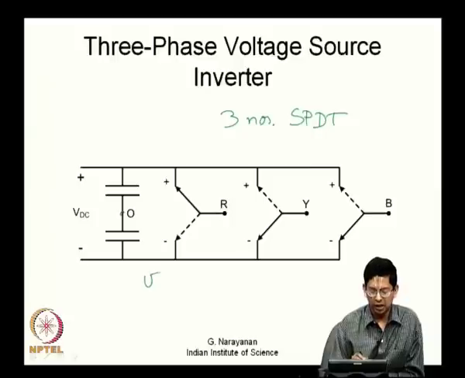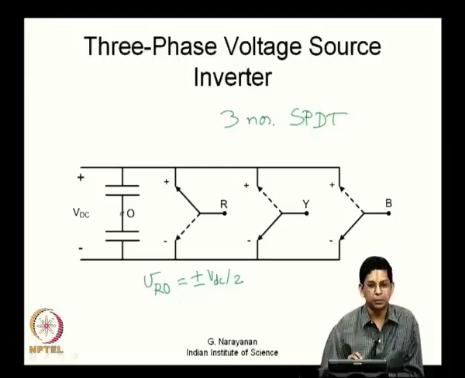So, we will say VRO, for example, which means the voltage at this pole R measured with respect to O. This can be either plus VDC by 2 or minus VDC by 2. If R is connected to the top throw, VRO equals plus VDC by 2. If it is connected to the bottom throw, VRO is equal to minus VDC by 2. This is what you have in all the 3 legs.